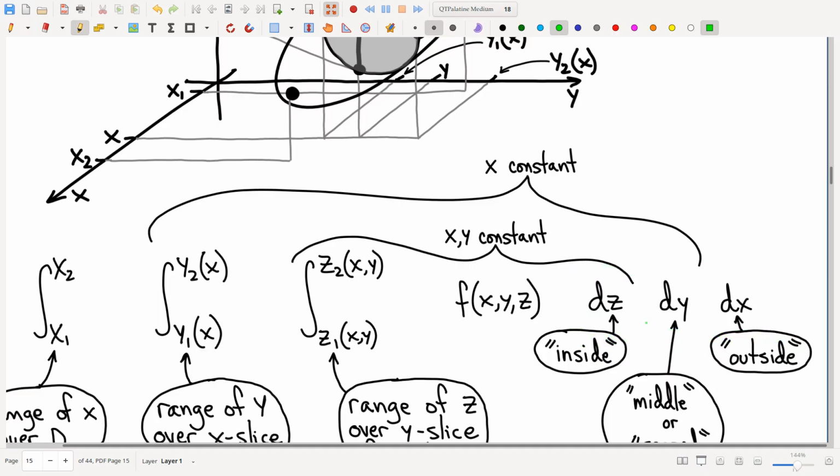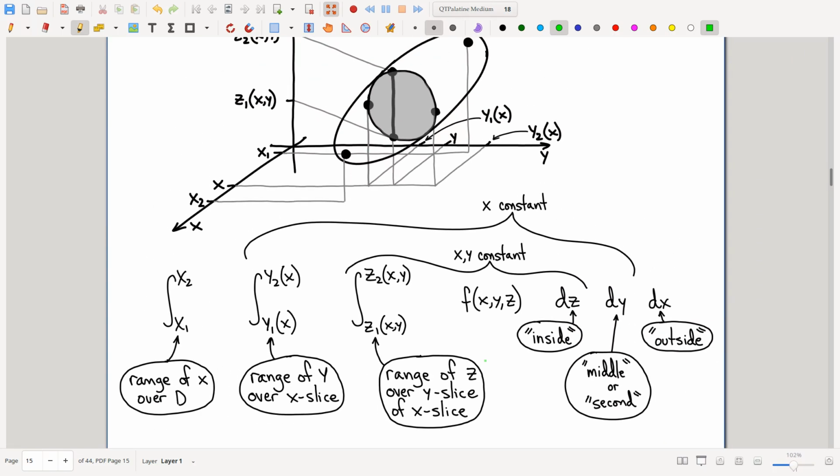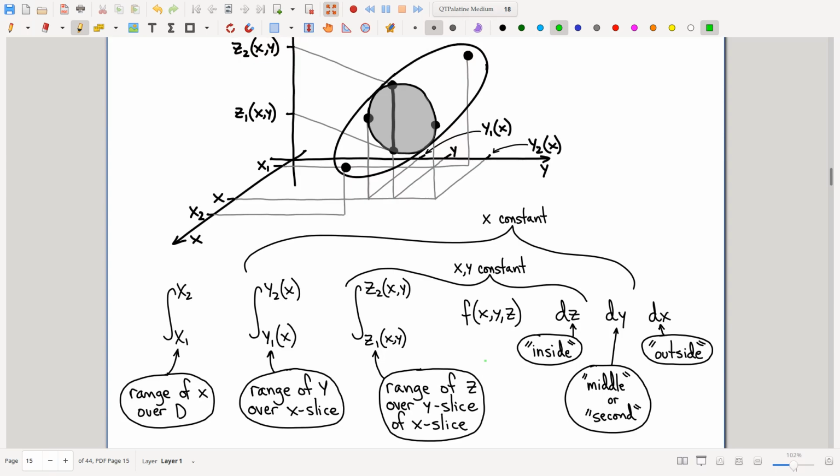As I have indicated here, corresponding to my picture, when we're looking at the inside integral, that inside integral is happening over this little part of the domain, and notice x and y are literally constant on those points of the domain.